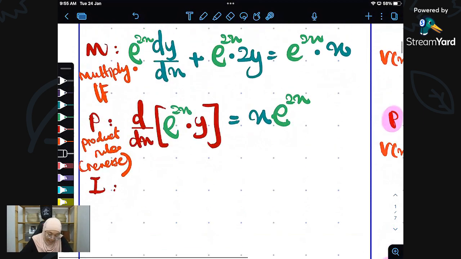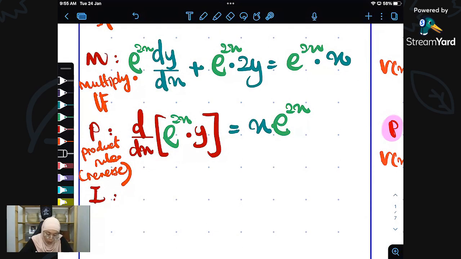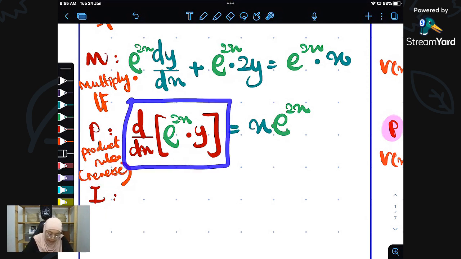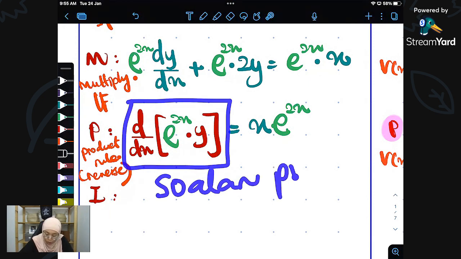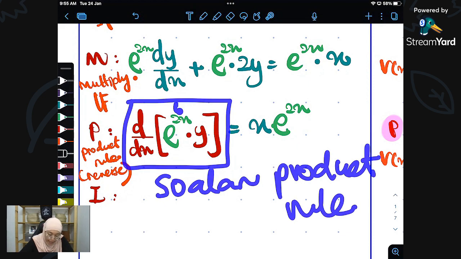Okay, and then now I will explain to you why does it call reverse process. Why does it call as reverse product rule? Sebab kalau kamu perasan, ini adalah bentuk soalan product rule. Ini adalah bentuk soalan product rule. Sebab apa? Sebab kalau kamu let ini u, ini v, betul tak?